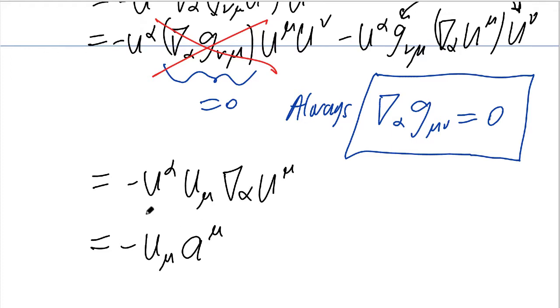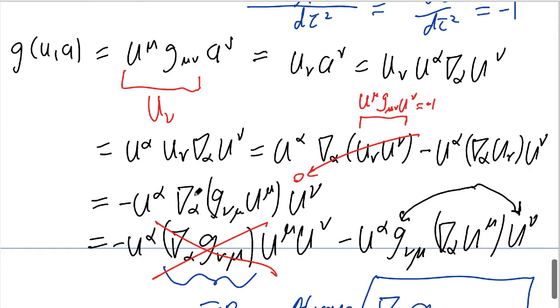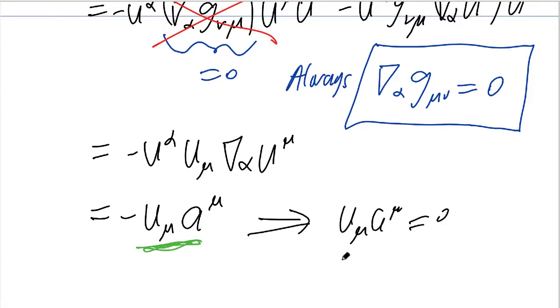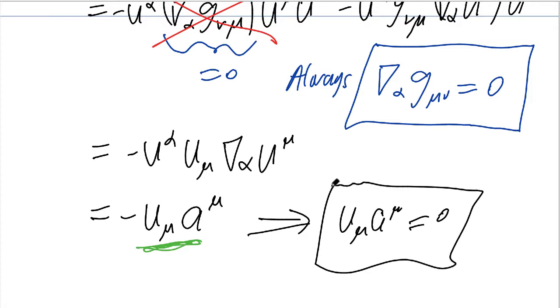Okay, so if you'll notice, what I've proved is that u inner product with A is equal to minus u inner product with A. So the only way something can be equal to minus itself is if that something is 0. All right, so indeed, the forward velocity and the acceleration are always orthogonal.